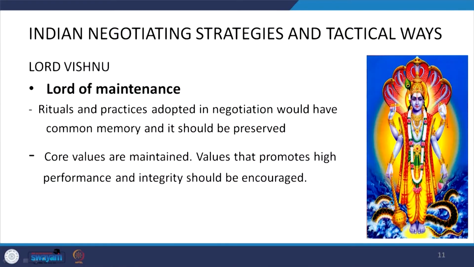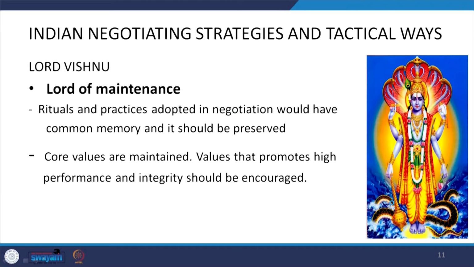Now here, interestingly, I try to take certain examples from our ancient literature also. For example, Lord Vishnu, for Indian negotiation strategies and tactical ways. Lord of maintenance. Rituals and practices adopted in negotiating would have common memory and it should be preserved, and core values are maintained.